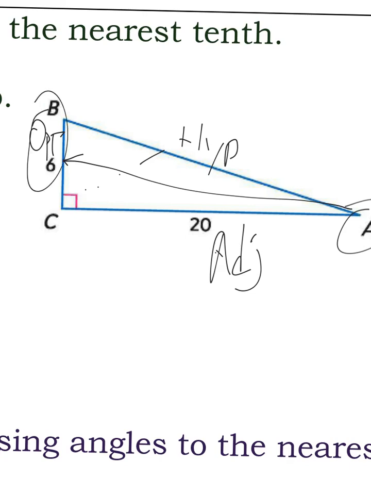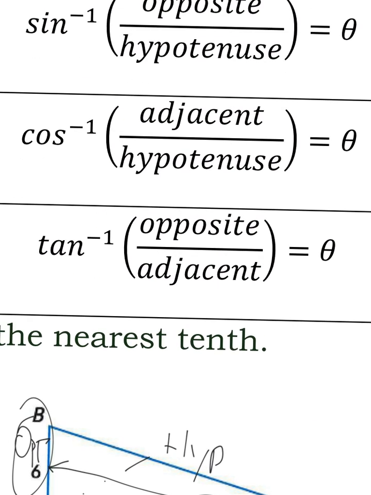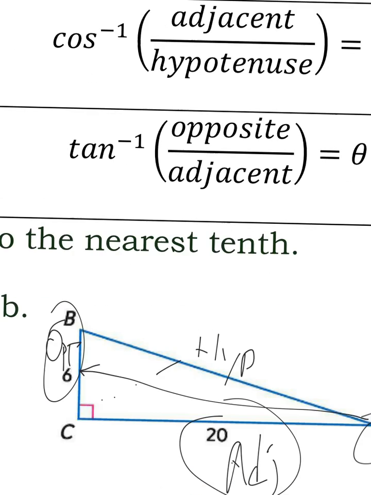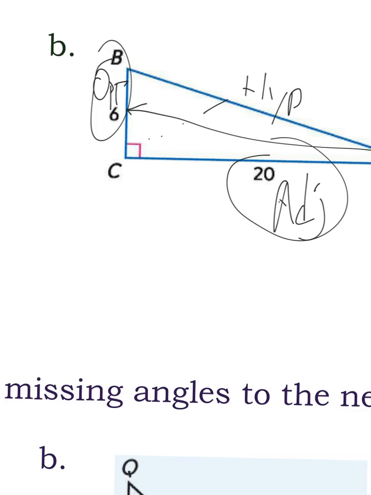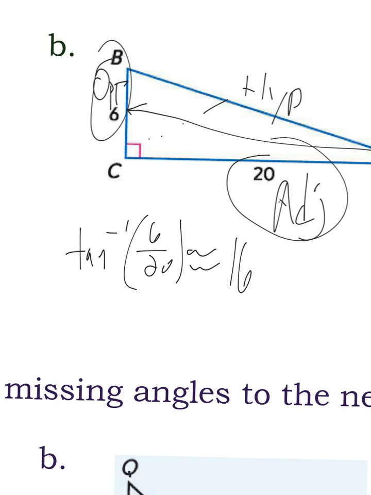So I'm using 6 and 20, my opposite and adjacent sides. The one that uses opposite and adjacent is tangent. So I write inverse tangent, opposite 6 over adjacent 20, and that's going to be about 16.7 degrees for angle A.